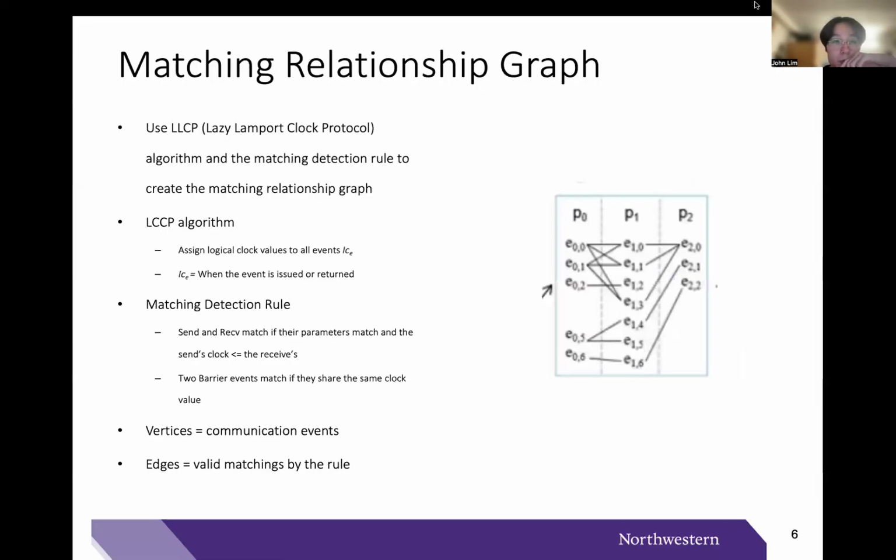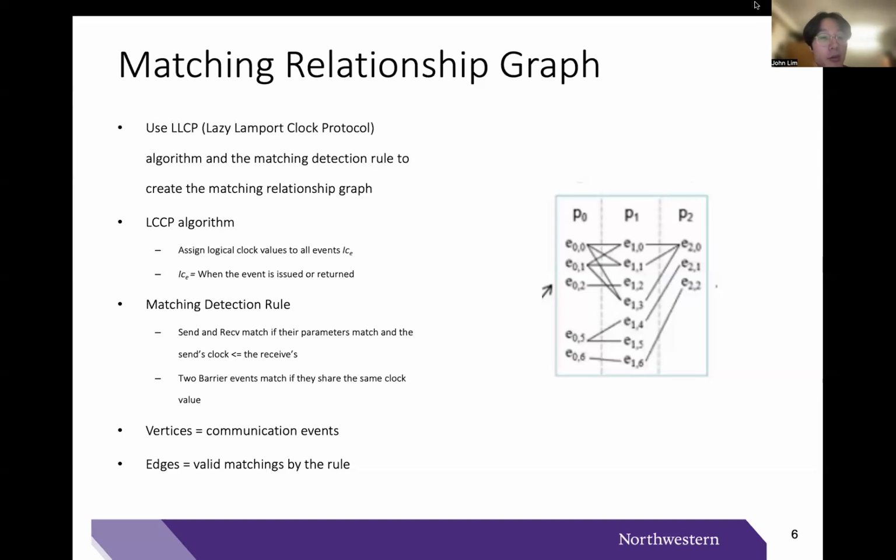To go more in depth of the approach, we'll start by looking at the first step, which is to create the matching relationship graph. In order to create the matching relationship graph, we use the LLCP algorithm and the matching detection rule.